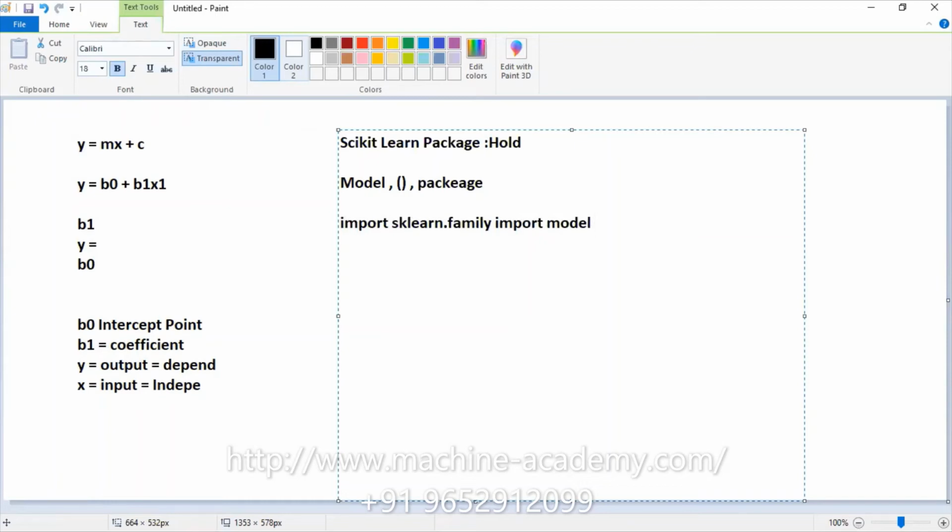You need to call all of this into our working environment. Let us take one more small example for linear regression.